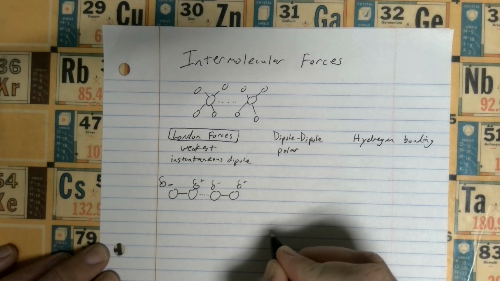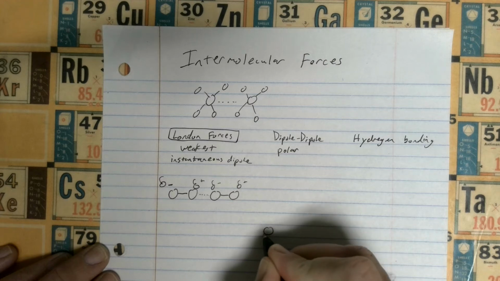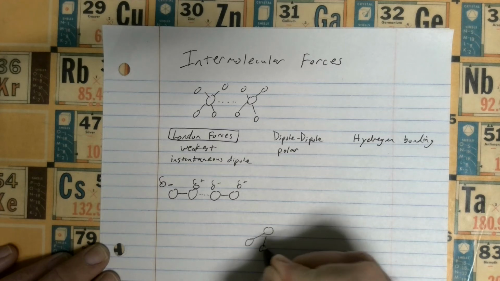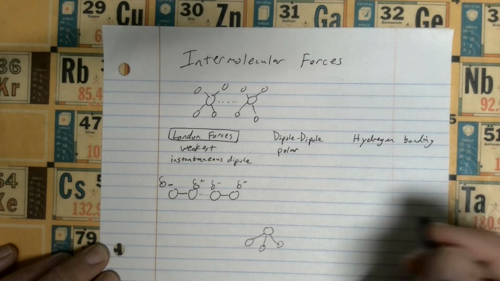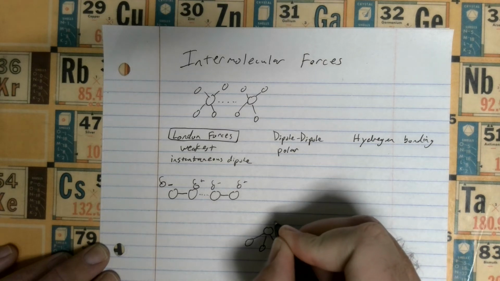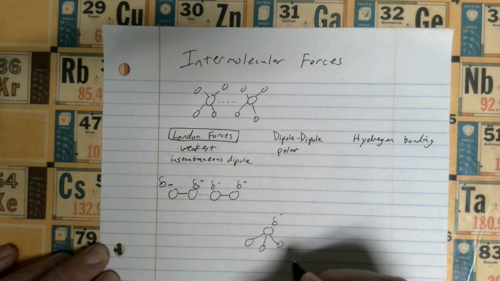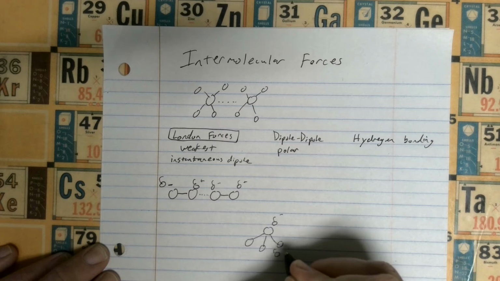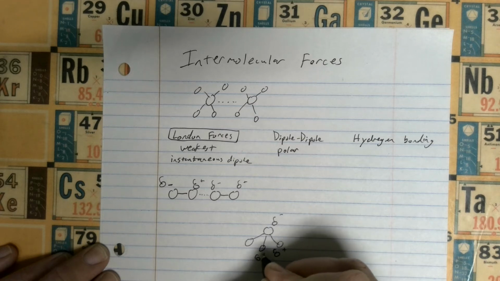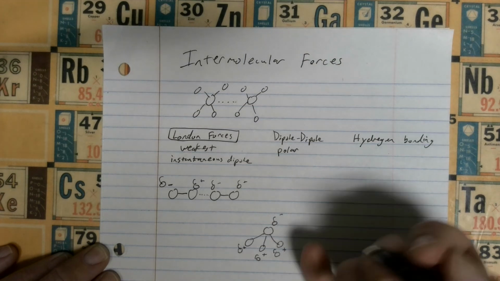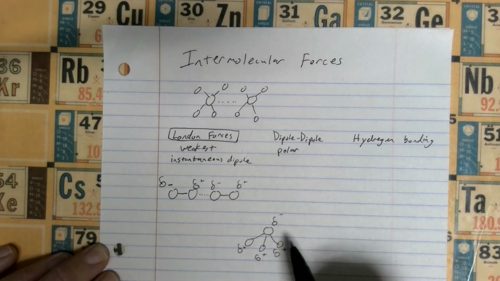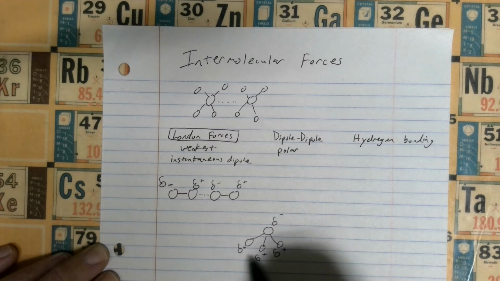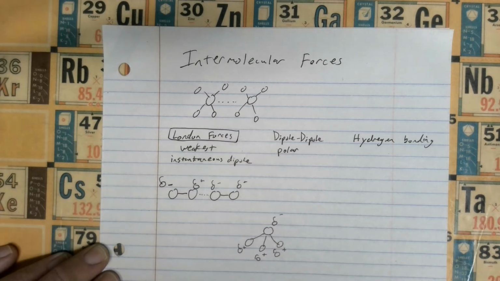So let's say we have a trigonal pyramid shape where this side is partially negative, and these sides are partially positive. If we had another one of these molecules right next to it, the positive side from one molecule is going to be attracted to the negative side of another molecule.